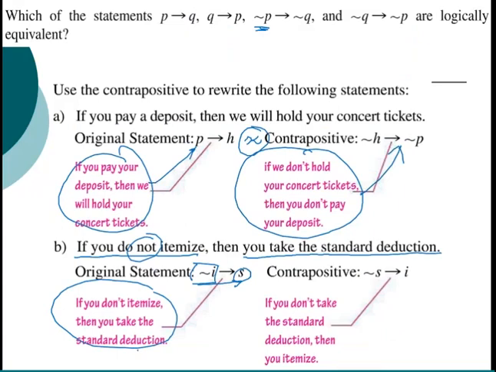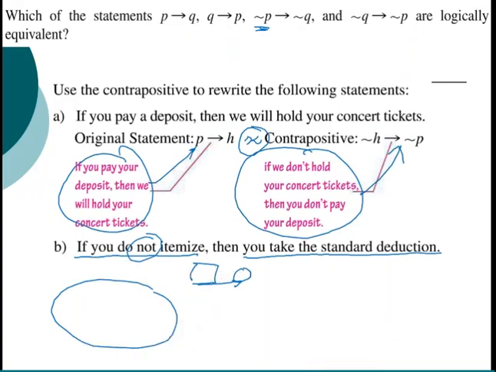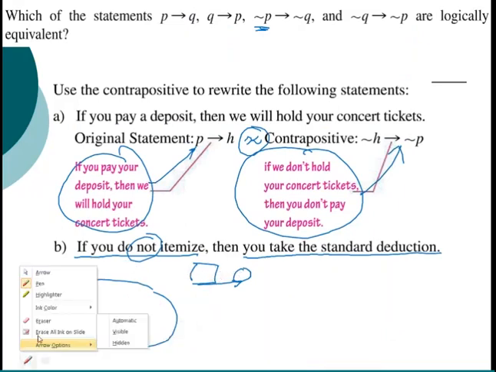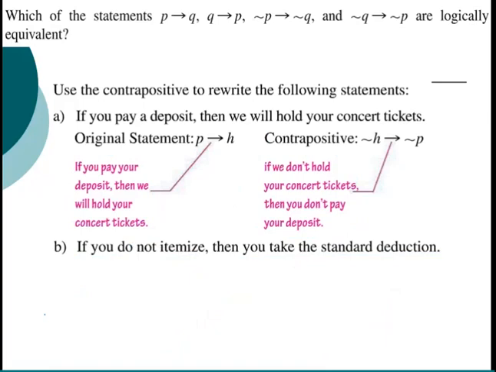Then you will not take the standard deduction. The contrapositive switches these. So we say change that and put the not over here. You would not, right here, would not take the standard deduction. So we say if this, then over here you would itemize. So if you do not take the standard deduction, then you'll itemize.